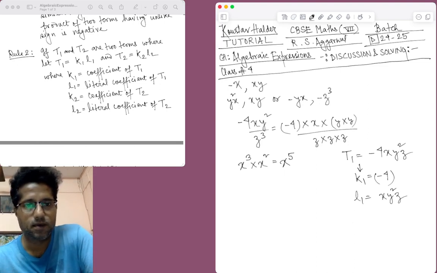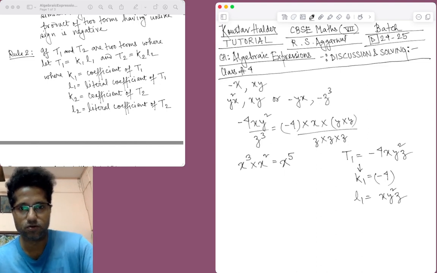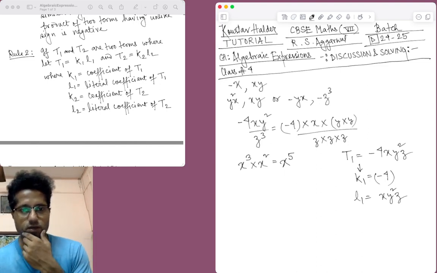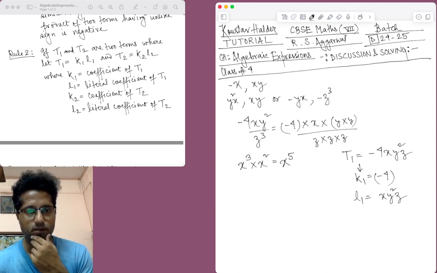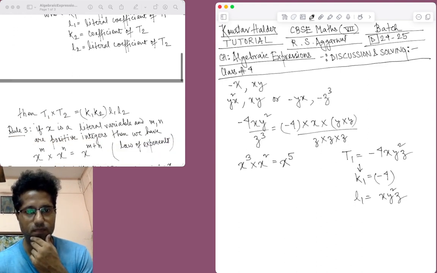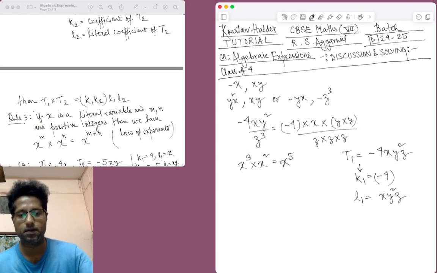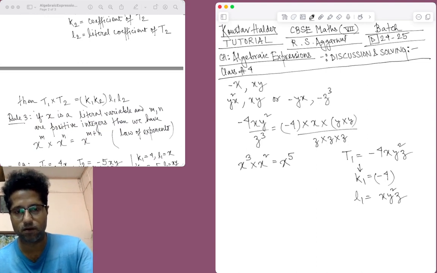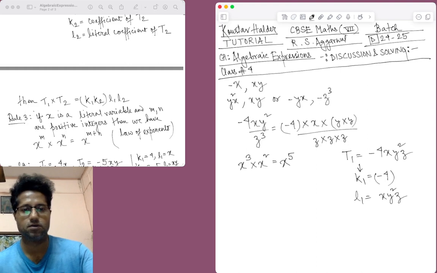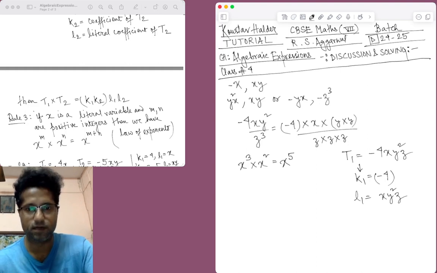So if T1 is K1 L1 and T2 is K2 L2, the product of T1 and T2 is nothing but you multiply the coefficients of the two terms, and then you multiply the literal coefficients of the two terms. So it is K1 into K2, L1 into L2.